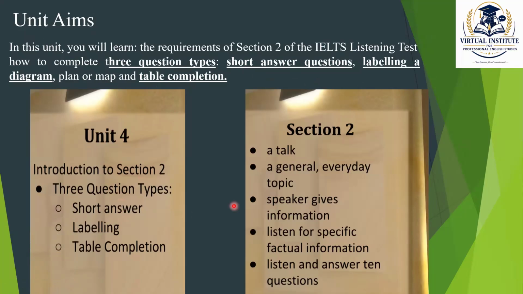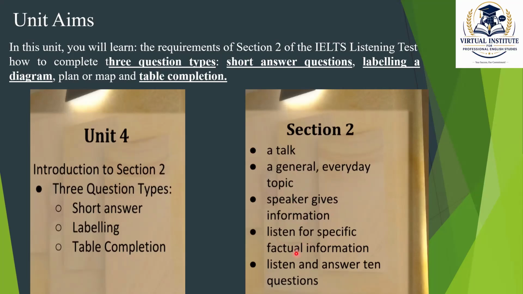So the summary of this section is this: there is a talk, and that talk is about a general or everyday topic, right? The speaker will give you information about that topic, and you will have to listen for specific factual information.